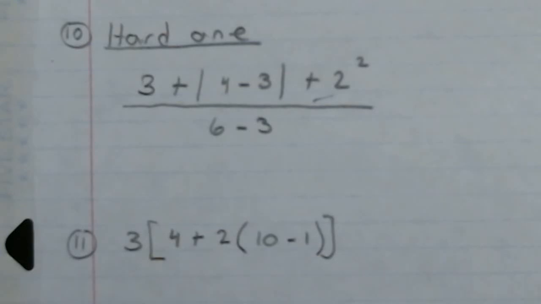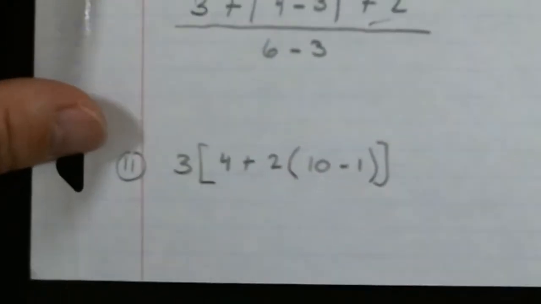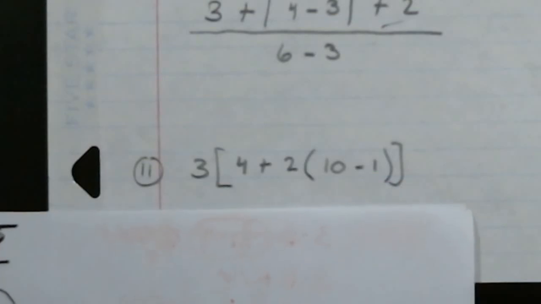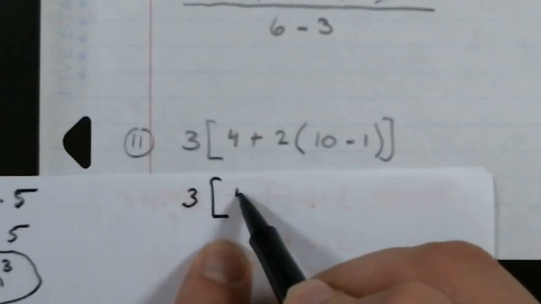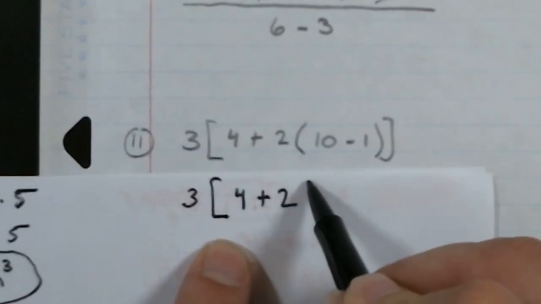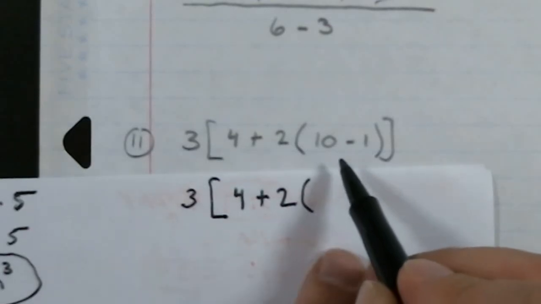One more. Let's see if you got this. So this has two brackets, or one bracket and other parentheses. So kind of like something that we've been doing. So here we go. PEMDAS. So 3 bracket 4 plus 2 parentheses. Okay, parentheses first.